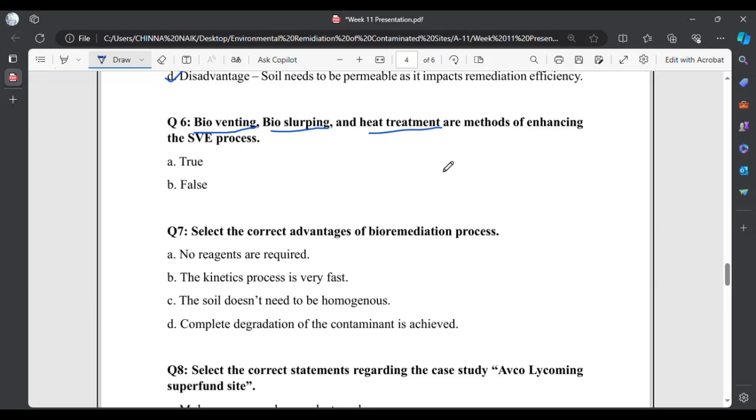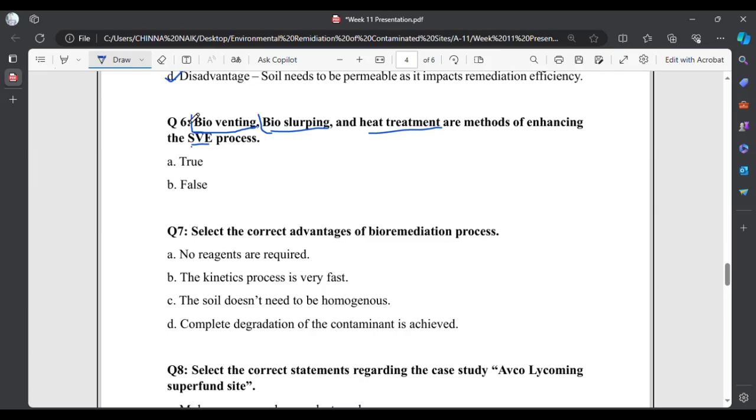Think about it once again. Here they are talking about soil vapor extraction, not the bioremediation process, right?